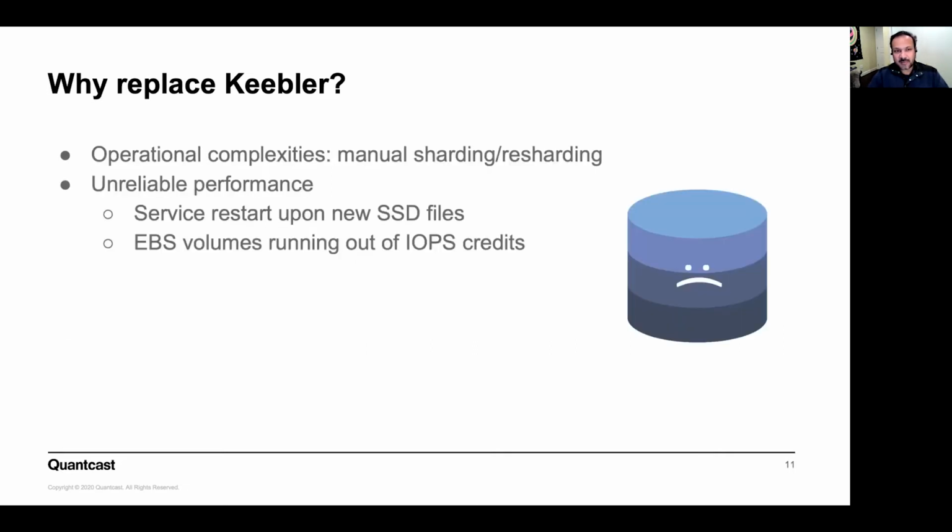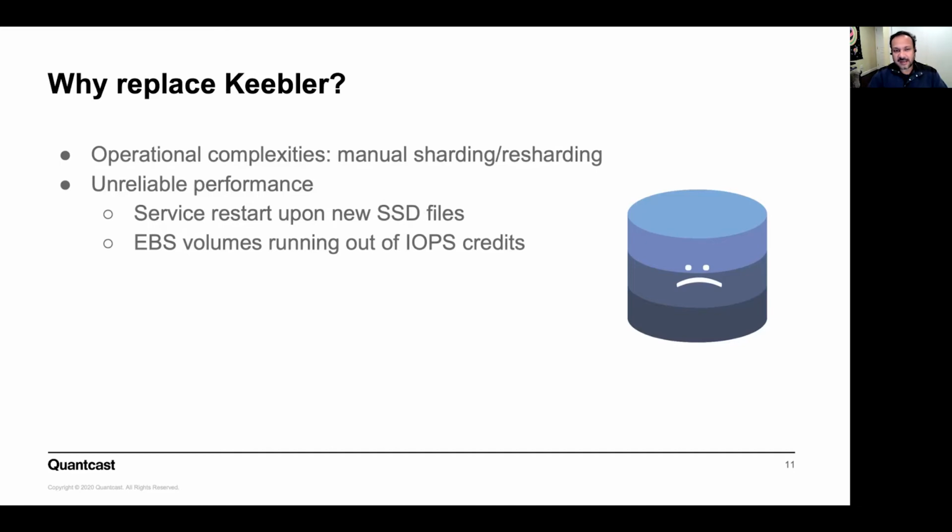There was some operational complexity as well. If we had a few bad nodes, or if we had some hot nodes in the cluster, it would mean that we would have to manually go and reshard and distribute the load on all remaining nodes manually, and it had unreliable performance.